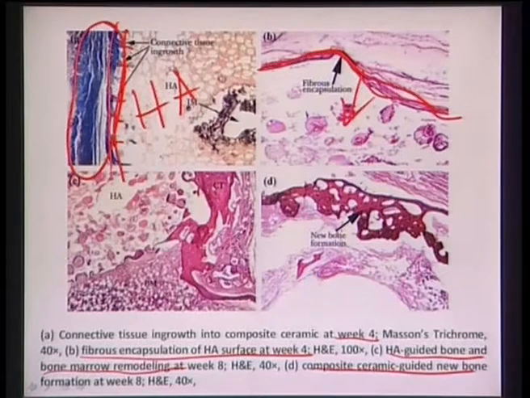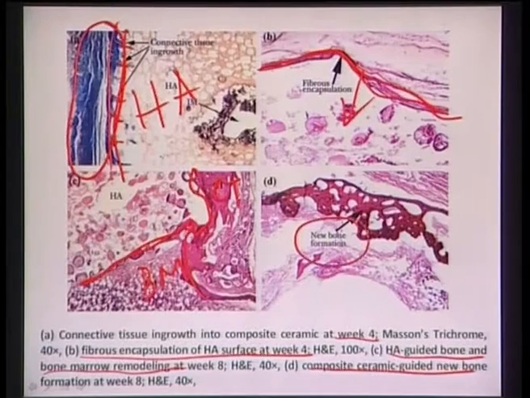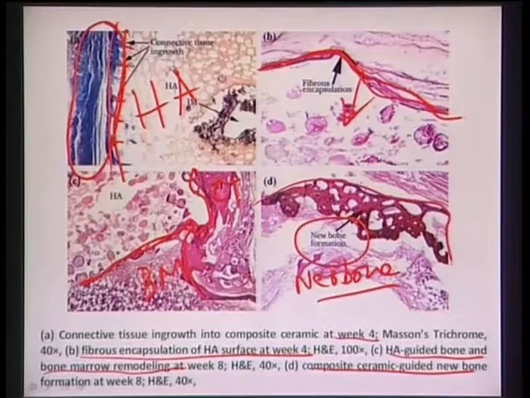Now this is the bone marrow, and this is the cortical bone, and you can see that there is a nice bone formation even after 8 weeks, shown as the neo bone, or new bone formation, at the implanted region. So hydroxyapatite is well known as an in vivo biocompatible material, and this is the proof that under in vivo conditions, even after 4 weeks or 8 weeks, you can clearly see the new bone formation.